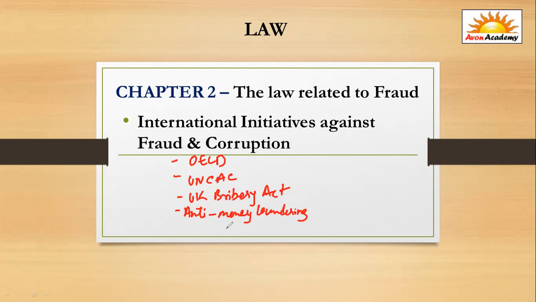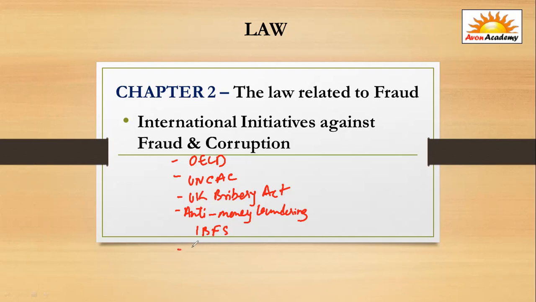Okay, and then you also have the International Banking and Financial System, that is IBFS. IBFS also keeps a check on financial transactions and their monitoring, because they have multilateral memorandums of understanding concerning cooperation and exchange of information. And again, the core principles of effective banking supervision.